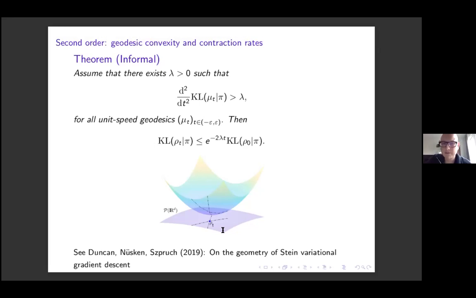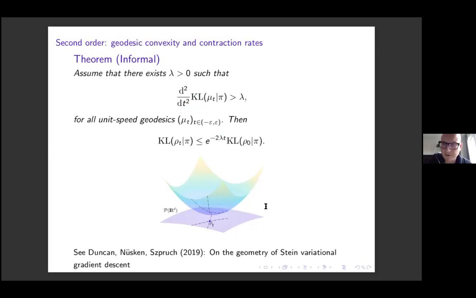And the right notion of convexity is to look at the second derivative along geodesics. In the usual case, you look along straight lines, but straight lines in this geometry are geodesics. So it's then possible, using these equations, to compute these terms and try to say something about this rate.